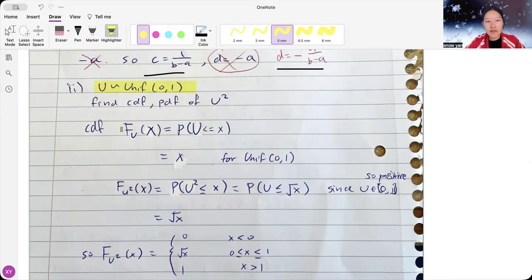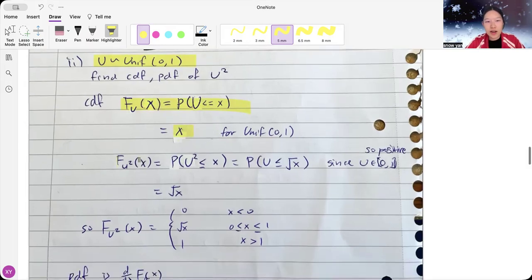So our CDF would be the following: F_U of x is equal to P(U smaller than or equal to x). For uniform, inside here it would just be x. So for F_{U squared} of x, it would be P(U squared smaller than x), and that would mean that U is smaller than square root of x. Since it's positive, we're good, right?